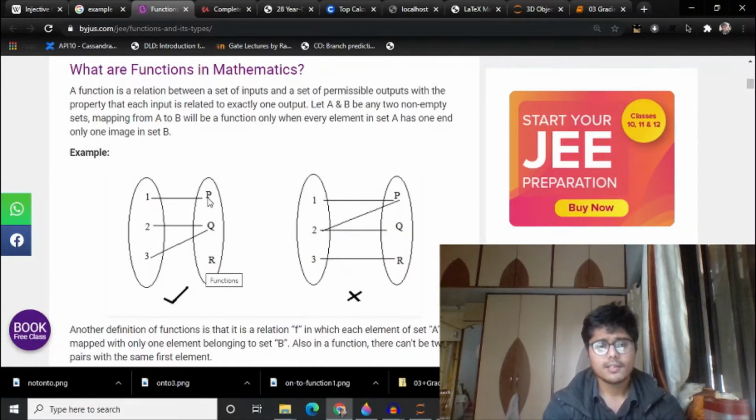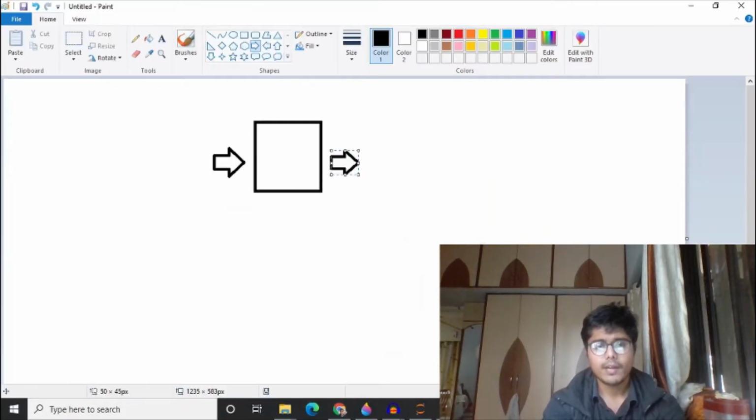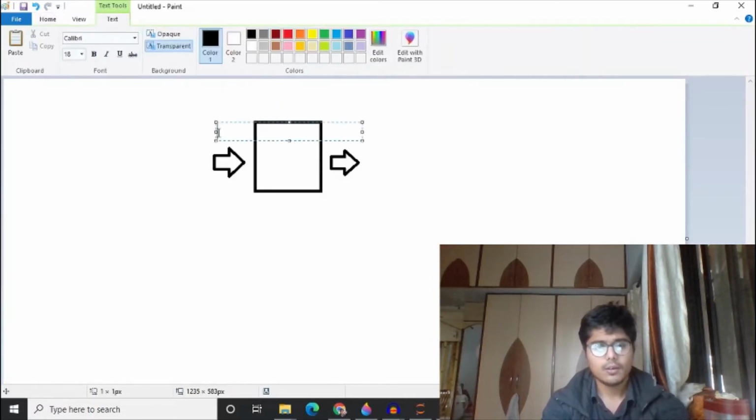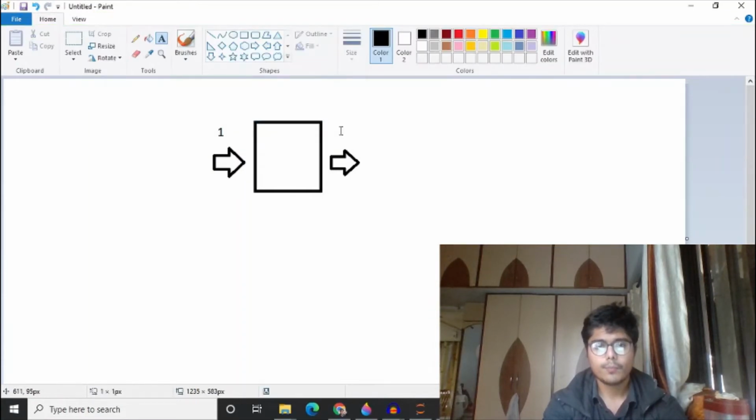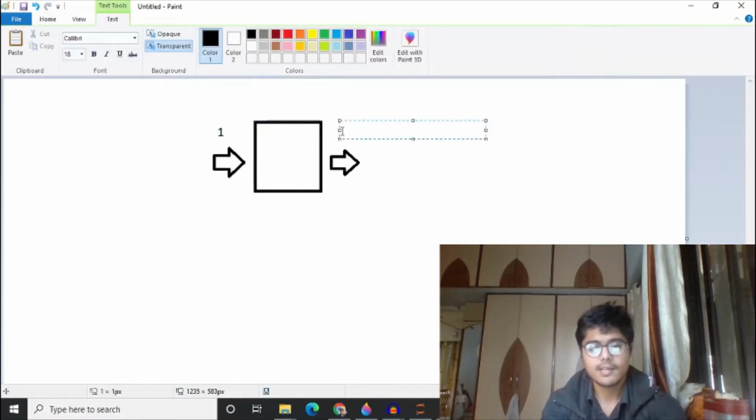This is the same concept. Here, 1 is put into the machine and p appears. Let me open Paint, so you can think of the function as a machine. One is going into the machine and p is coming out.